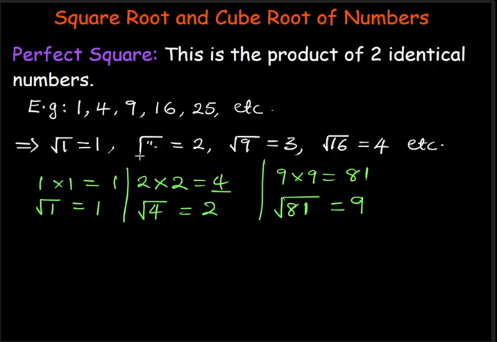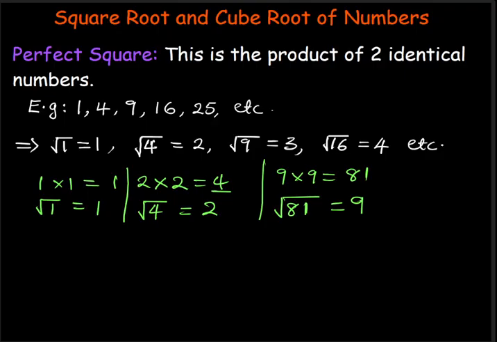This is square root of 4. So we have what we call perfect squares now, and then we have what we call square root. If you look at this, square root is just like division. Division is the opposite of multiplication. And then square root, on the other hand, is the opposite of what?